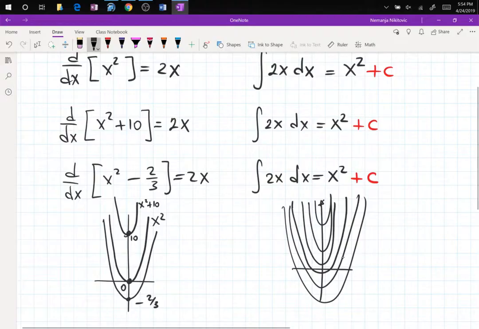Now, is there a way to compute this C? And the answer is yes.